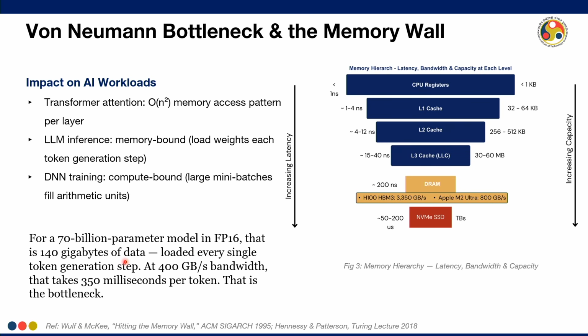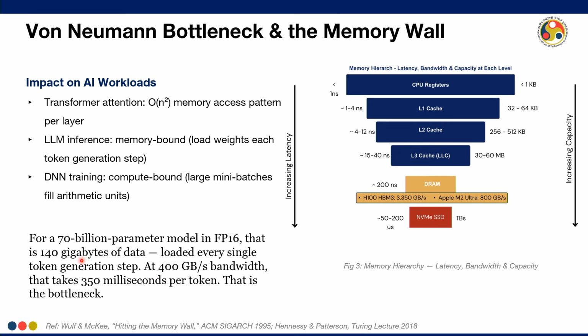This is an LLM token generation example where we are generating a single token. For every single token, I have to take into account 70 billion parameters of the model, that is 140 gigabytes of data.